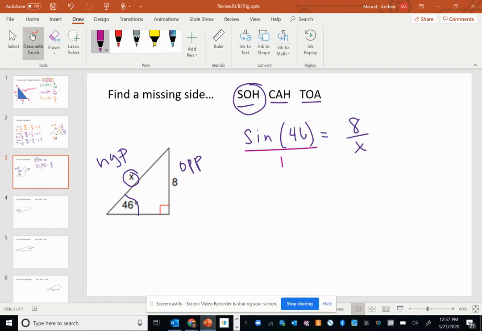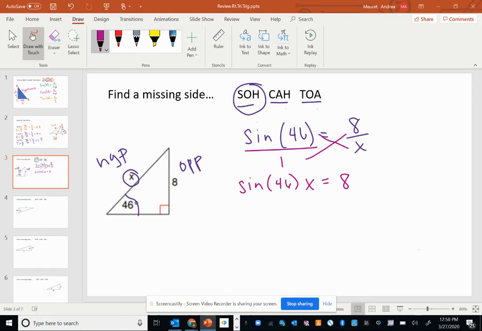So now that we have a proportion, in proportions, cross products are equal. And so I know if I multiply this way, then the sine of 46 times x is equal to multiplying this way. Well, 1 times 8 is just 8.